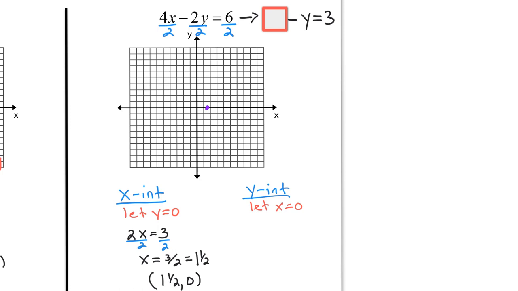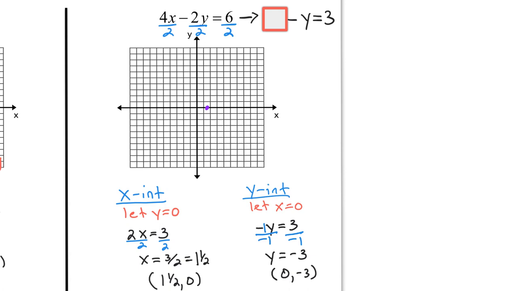So notice what we have. We have negative y equal to 3. So that's why you write down negative y equal to 3. You divide by negative 1, because remember we have an invisible negative 1 here and you want to get rid of the negative. Divide by negative 1 over here. So y equals negative 3. That's not a mixed number, it's not a fraction. So my y-intercept is at (0, negative 3).